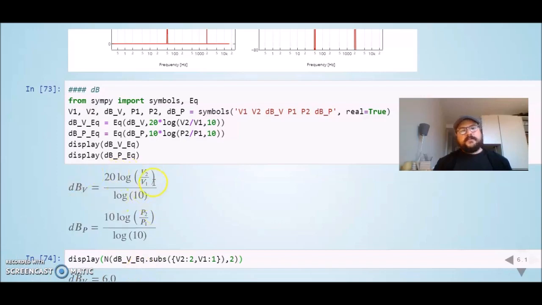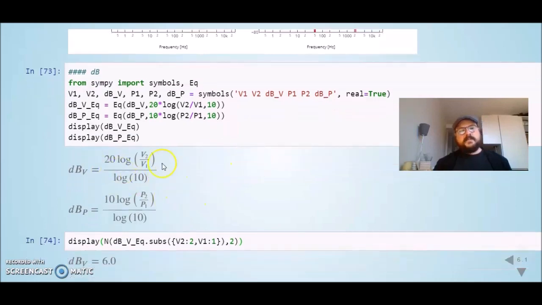So the equation for voltage is 20 log 10 of V2 divided by V1, and SymPy already transforms this log 10 into natural logarithms. So it gets 20 log of V2 over V1 divided by log 10. So this is what SymPy already simplifies, the logarithms in base 10, to a division of natural logarithms.